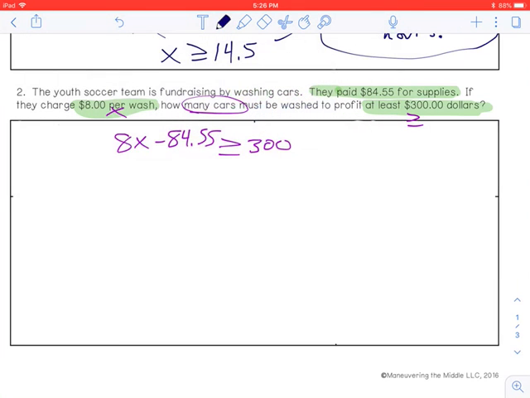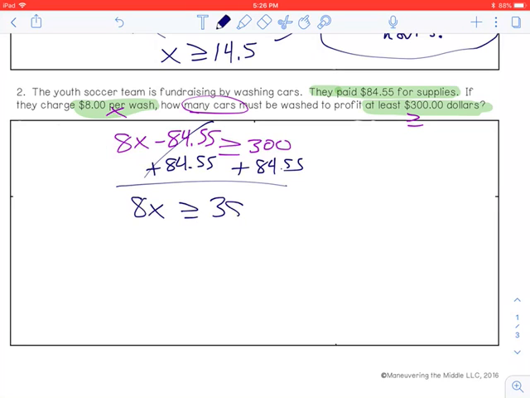So hopefully that makes sense. Got to pay some money to then get a profit. Okay? So now we go ahead, get X by itself once again. 8X is greater than or equal to $384.55.